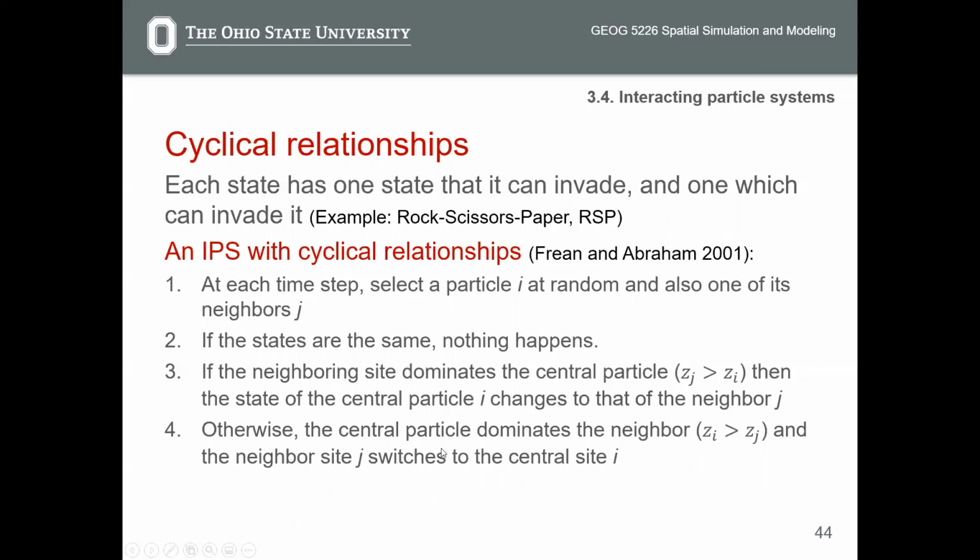Otherwise, the central particle dominates the neighbor, which means the central particle's value is larger than the neighbor's, and the neighbor site J switches to the state of the central site I.